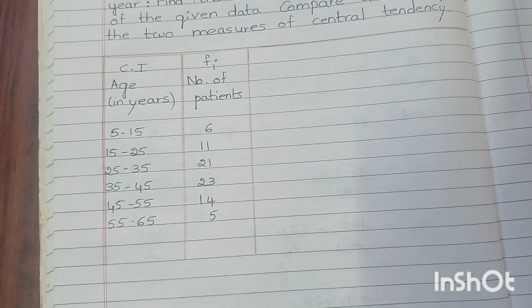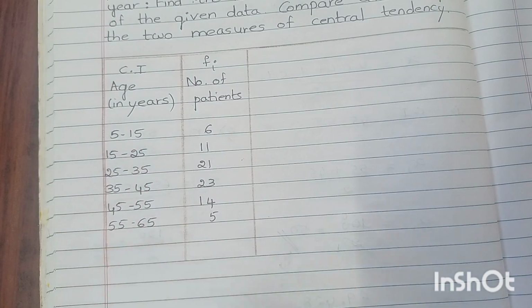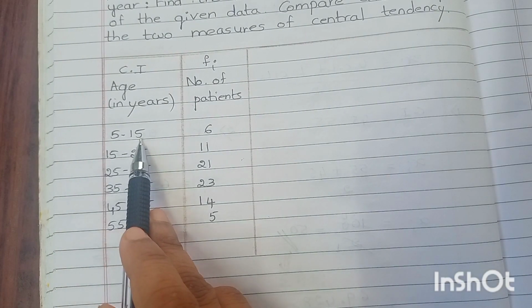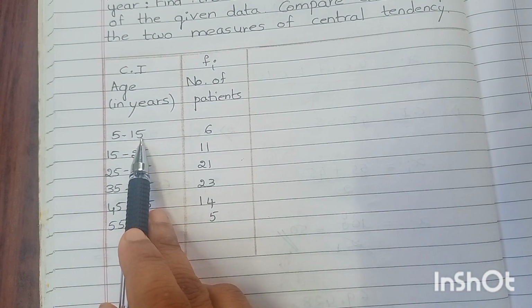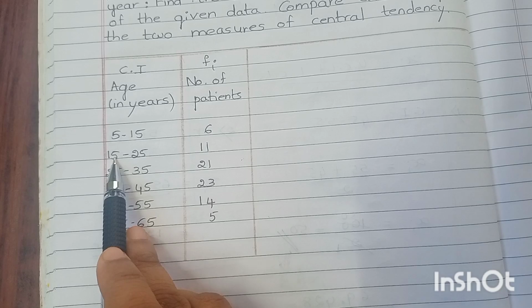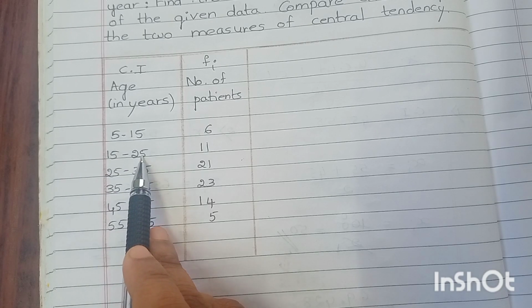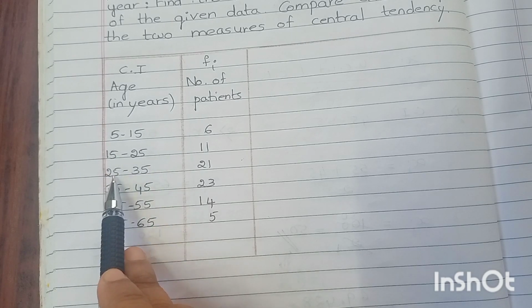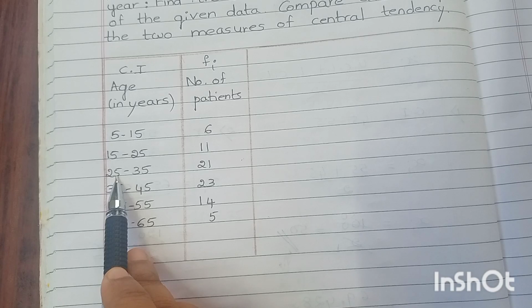The first step in statistics is we have to check whether the class intervals are in order or not. 5 to 15. Here the class interval ends at 15, so the next class interval must start from 15. Here it ends at 25 and the next class interval starts from 25.